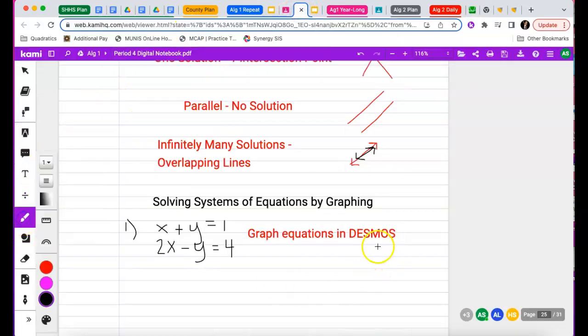So I have one graph looks like this. The other graph looks like this. All right, so that was step 2. Graph them in Desmos. Step 3, the intersection point. So step 3, here's our intersection point.